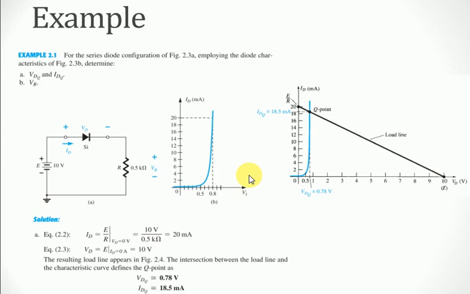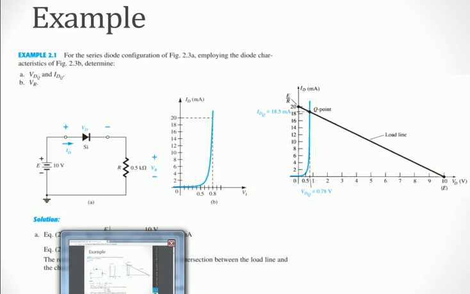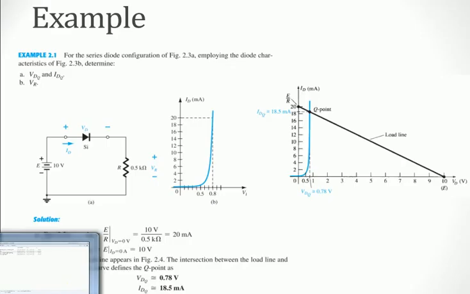From figure B, you see that the current flows in the circuit at a point of 0.7, 0.8 almost, right? So at 0.78, when we intersect these two lines, we get the Q point, and at the Q point IDQ is equal to 18.5 milliampere.